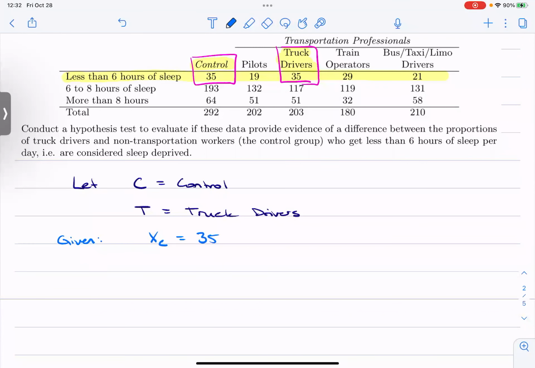A success in this case is being sleep deprived, but whatever. The total number in the control is 292, right? So NC is 292. And then for the truck drivers, XT, let's call it, is also 35, but NT was slightly lower at 203.